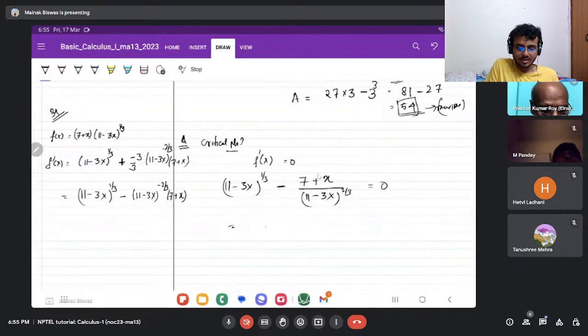This is just taking the LCM. You'll get 11 minus 3x minus 7 plus x is equal to 0. Agreed?